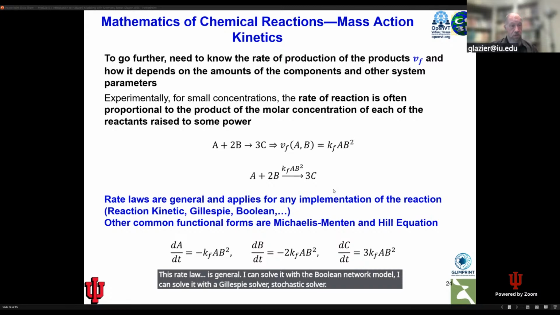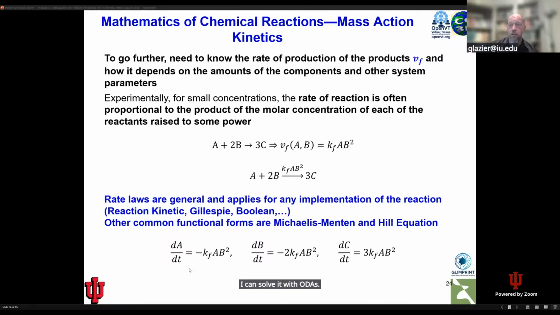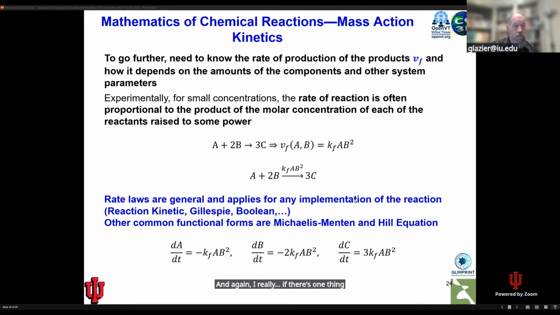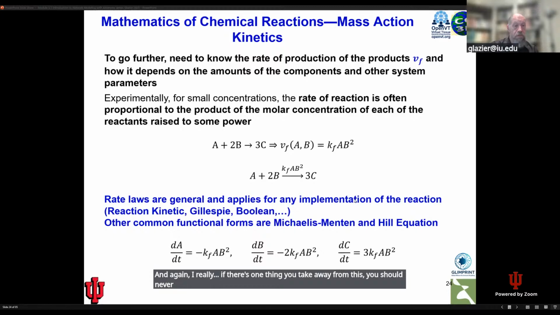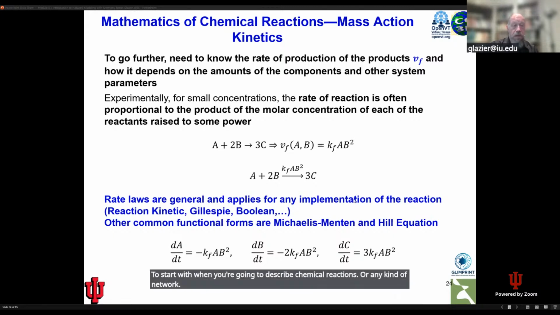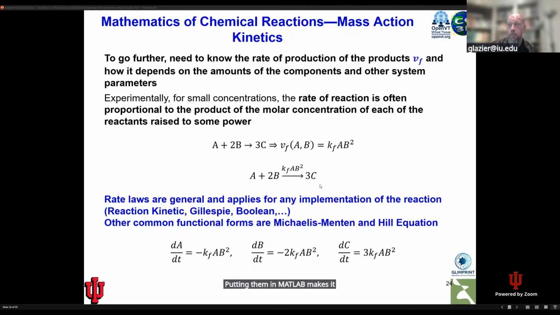I can solve it with ODEs. If I turn it into ODEs like this, I can't go backwards. And again, if there's one thing you take away from this, you should never write ordinary differential equations to start with when you're going to describe chemical reactions or any kind of network. And putting them in MATLAB makes it worse.